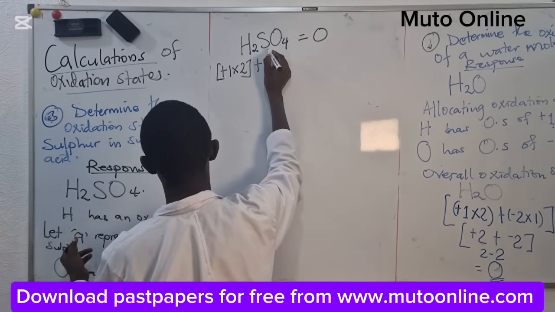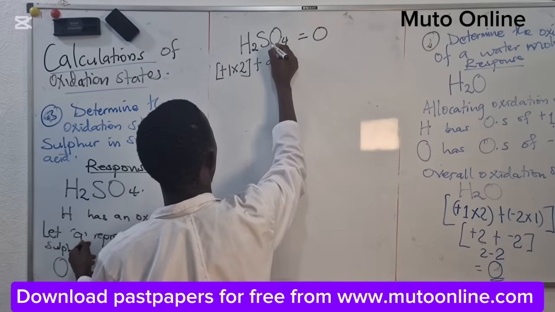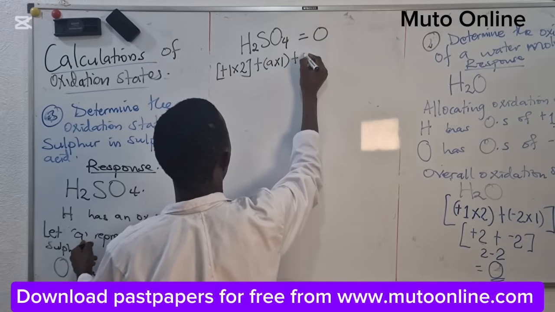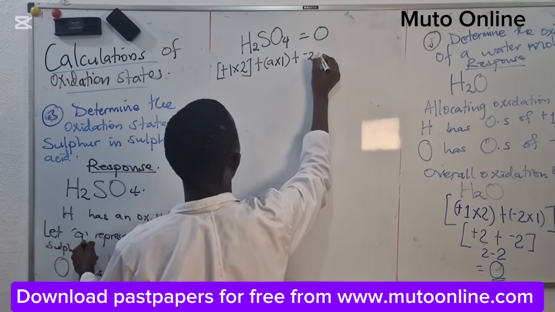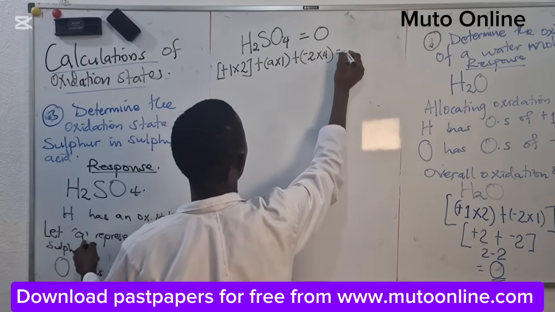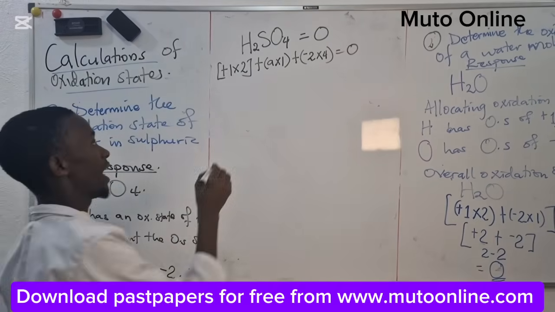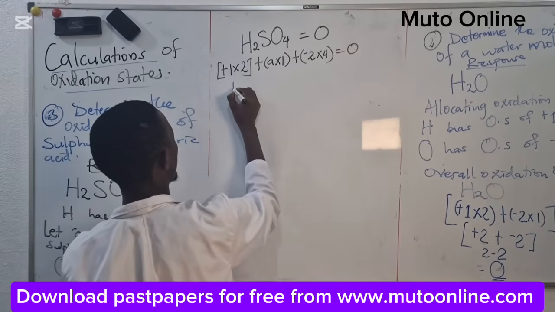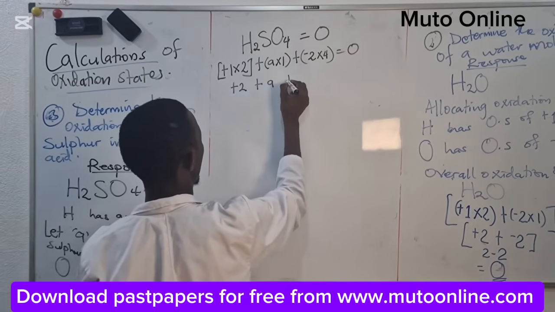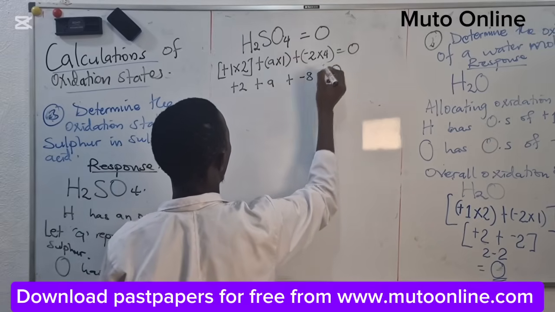We don't know it, so we abbreviate it as A. How many atoms of sulfur do we have? 1, plus that of oxygen, which is a -2, times the number of atoms, which is a 4, giving us a 0. So we shall have a positive 2 plus A plus -8, giving us a 0.